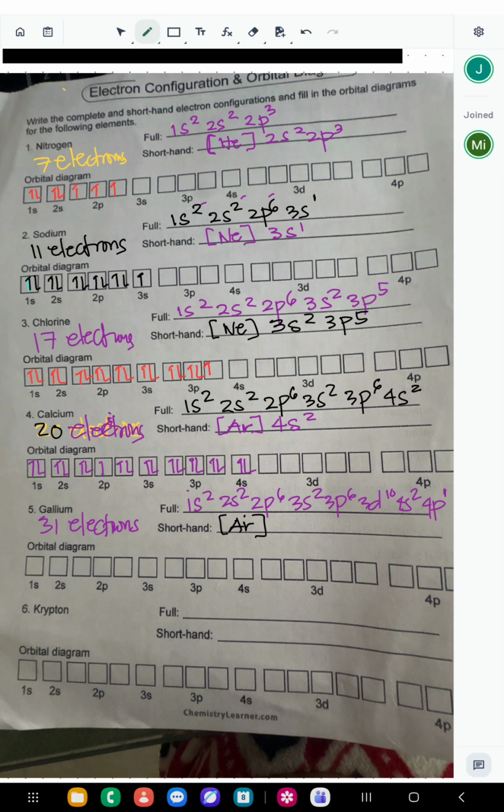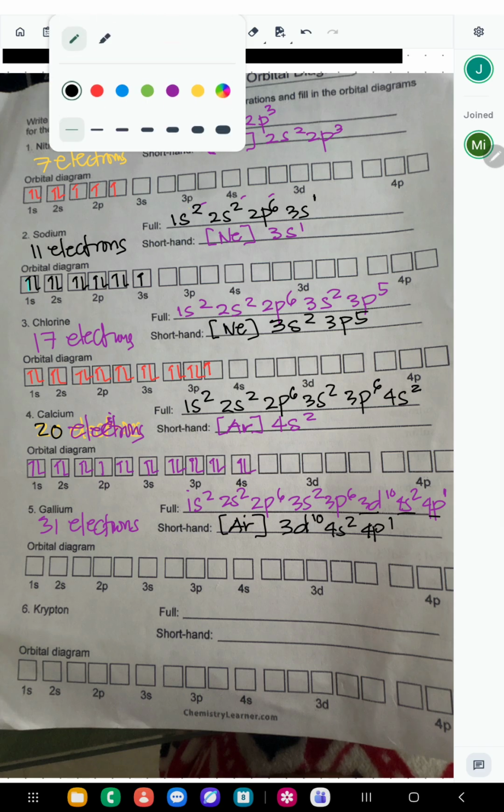So 31 minus 18, that is 13. So we will only include 13 electrons, so from 3d10. So this would be 3d10, 4s2, 4p1. So this is the shorthand notation or electron configuration for gallium.